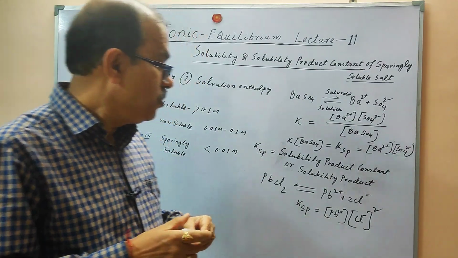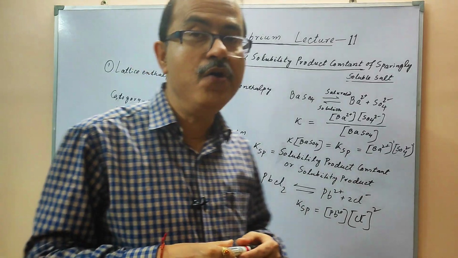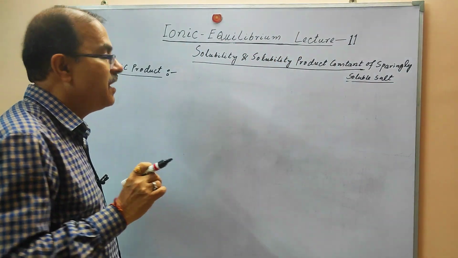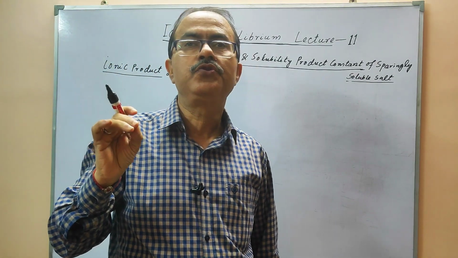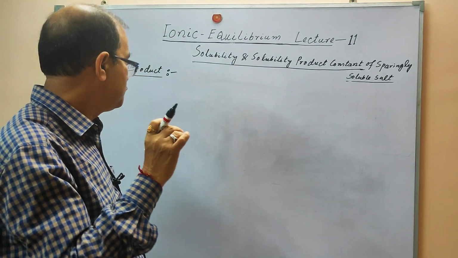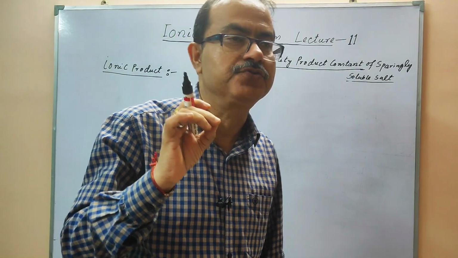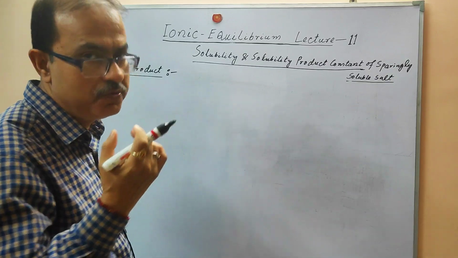Another thing that we are going to discuss is the ionic product. What is ionic product? Ionic product is basically the product of the ions in the solution. It may be a saturated solution or it may not be saturated.